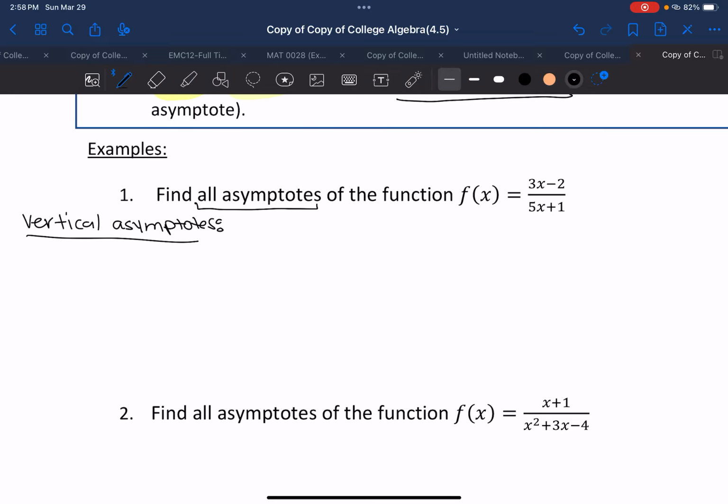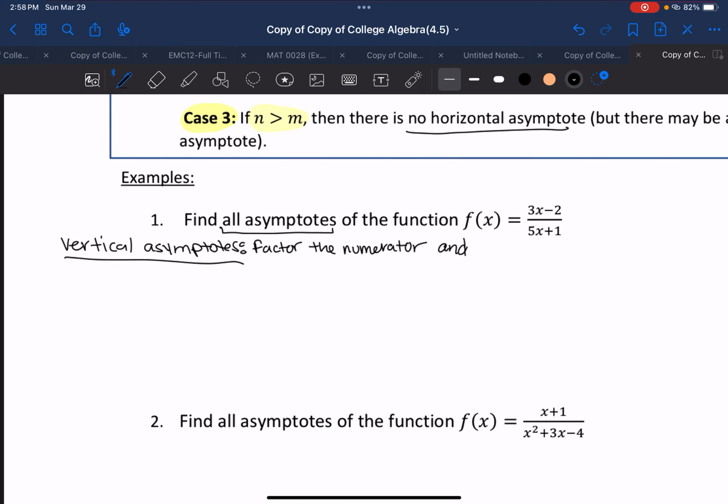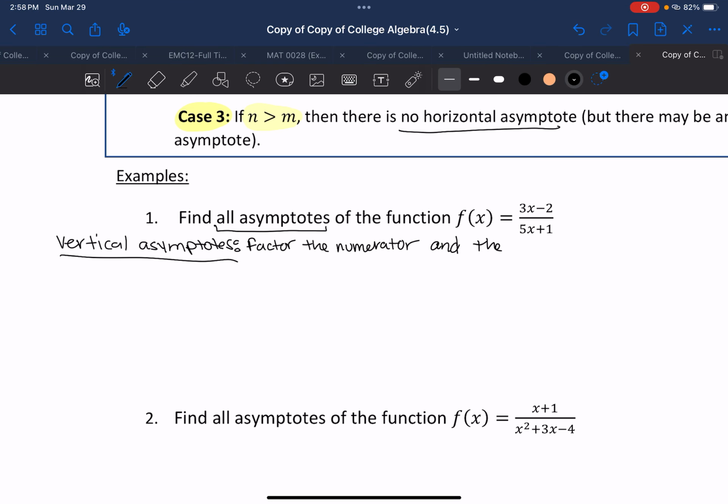So first we're going to find the vertical asymptotes. So remember, to find the vertical asymptotes, you factor the numerator and the denominator, and simplify.